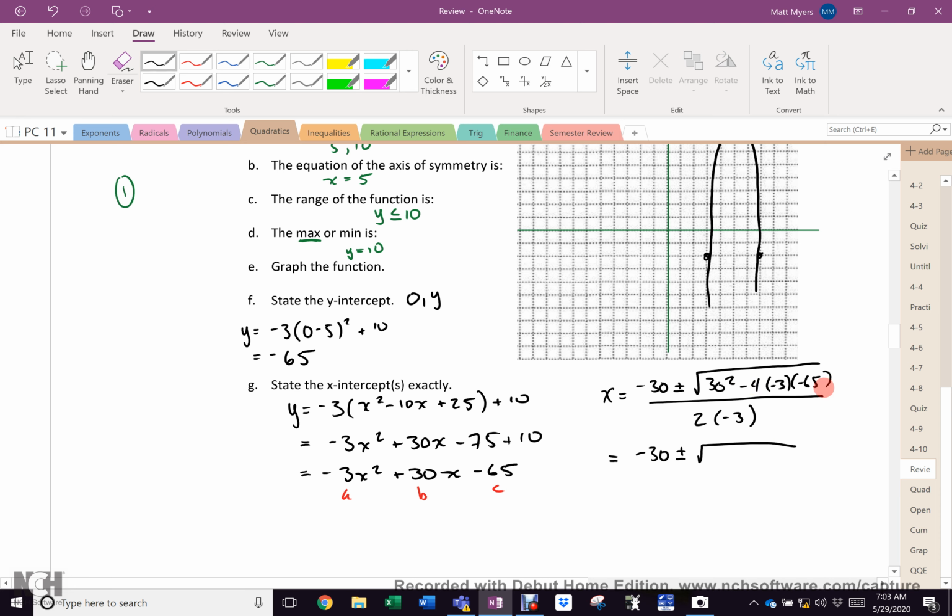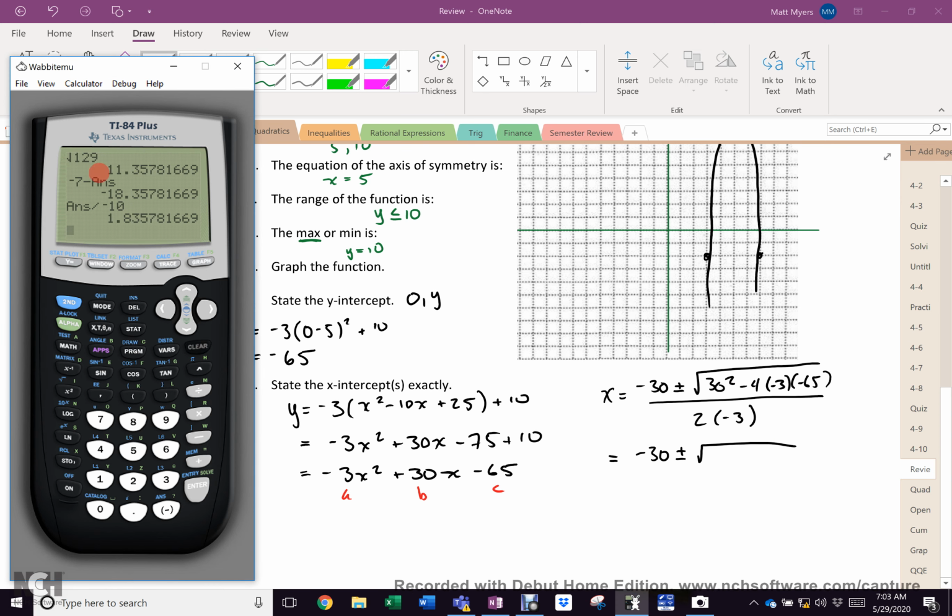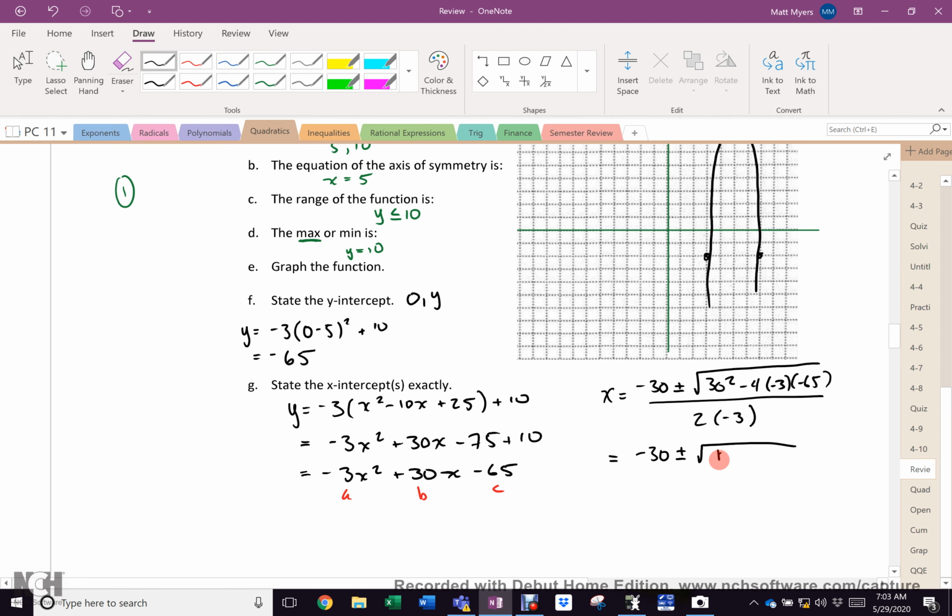That's going to be negative 12 times negative 65. I've got to go to my calculator. 30 squared minus 4 times negative 3 times negative 65, plus or minus 120 over negative 6. 120 is of course 2 times 60, which is 2 times 30, which is 2 times 15, which is 3 times 5.